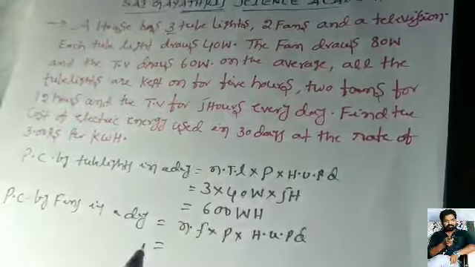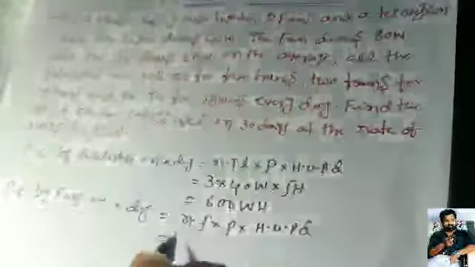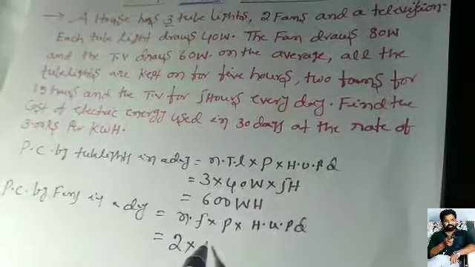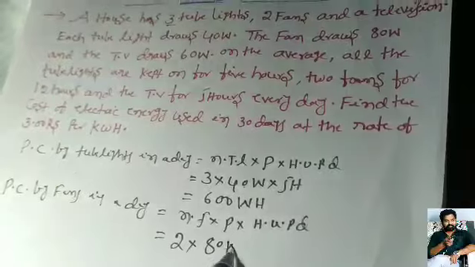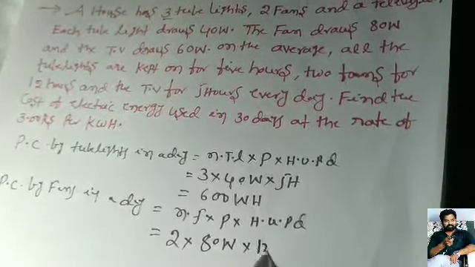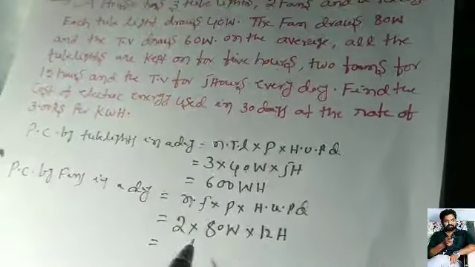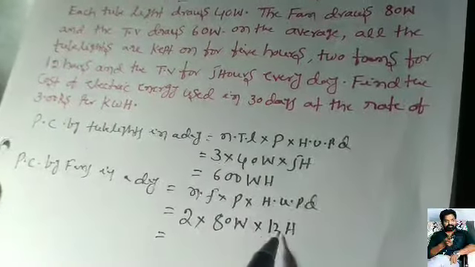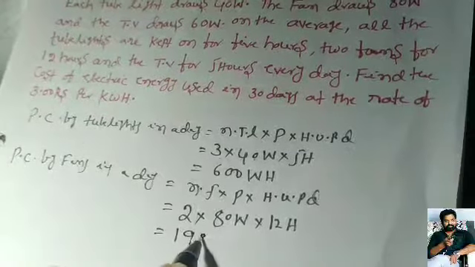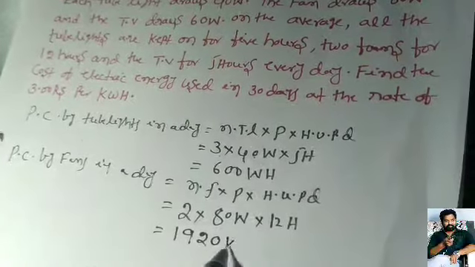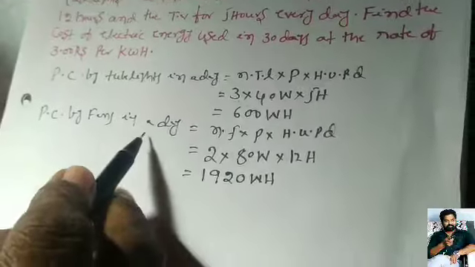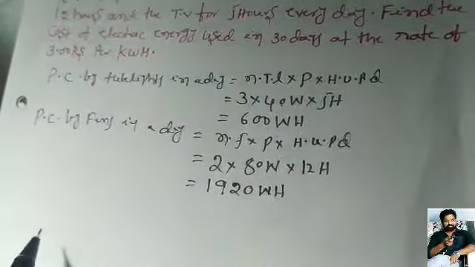So that is 2 fans, 2 into power 80 watts into 12 hours, that is 2 into 80 into 12. Now we get 1920 watt hours. This is power consumption by fans in a day.